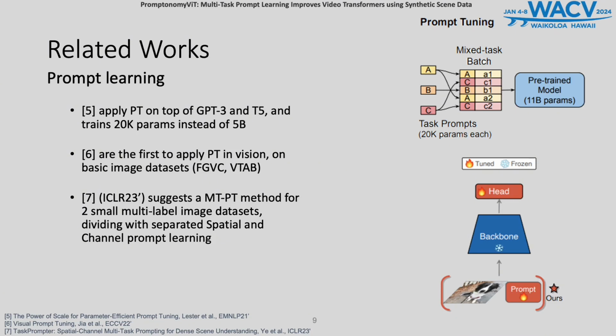They applied a similar concept but on image datasets. As with the first, they showed some improvement, but they didn't report on famous benchmarks such as ImageNet. Other methods, like the third one in the slide, propose multitask prompt tuning on images, but most of them, when they refer to multitask, use multi-label datasets, which are extremely rare in the vision domain.